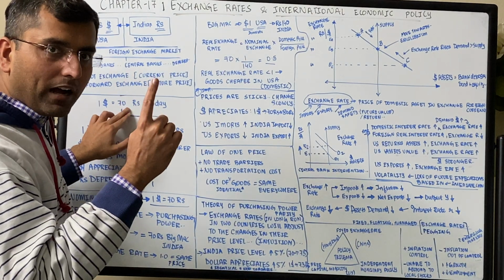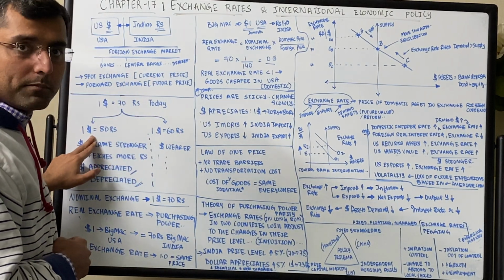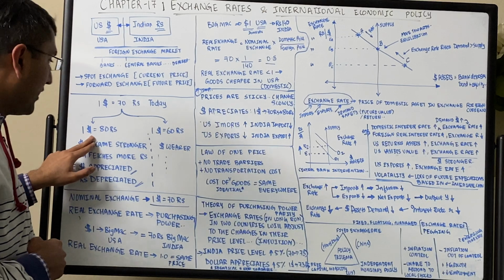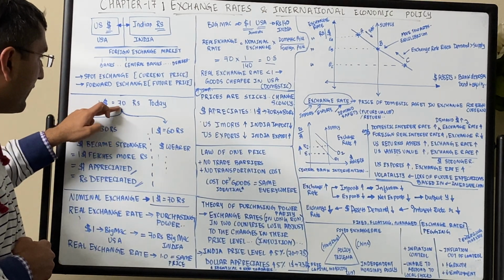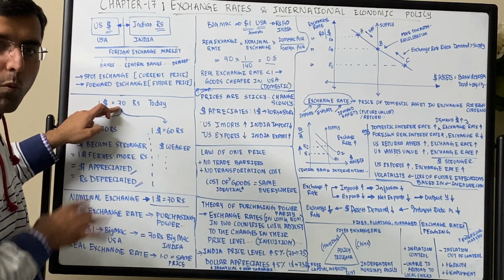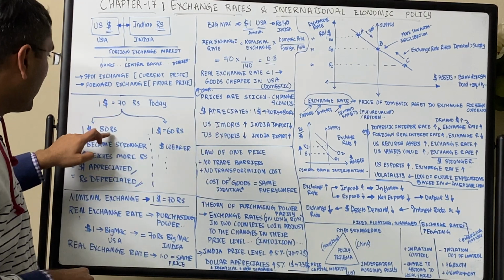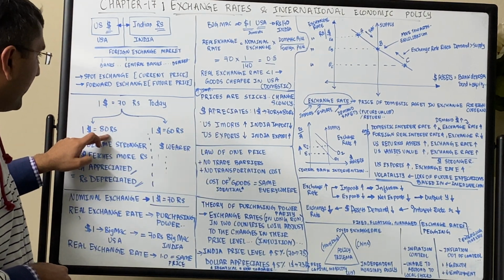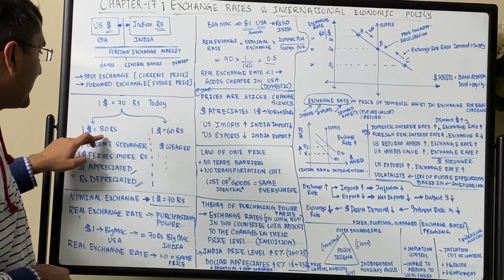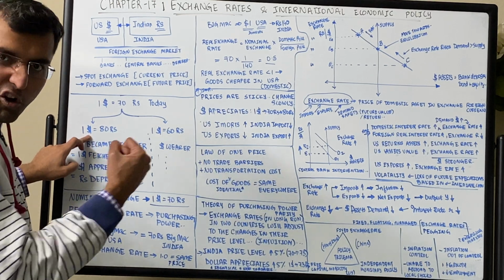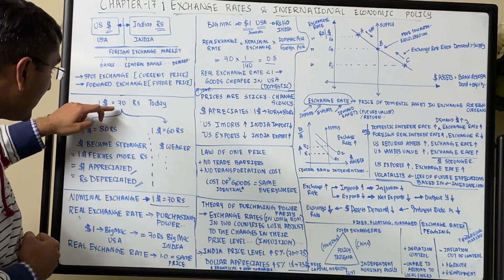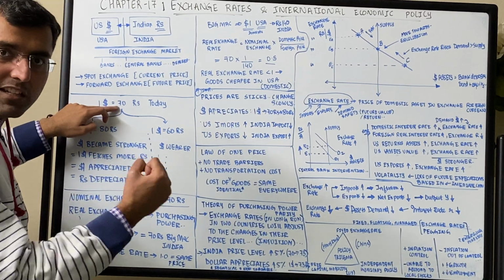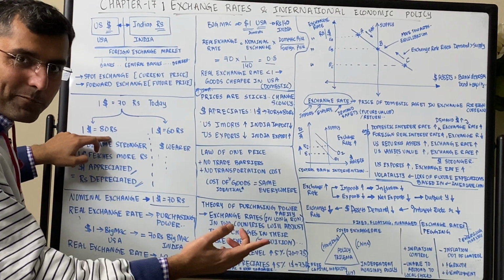Let's say a week from now, $1 becomes 80 rupees. So the same dollar that got me 70 rupees today, if I had waited, would have gotten 80 rupees. In that case, the dollar got stronger. Initially it could get 70 rupees, now it's getting 80 rupees.